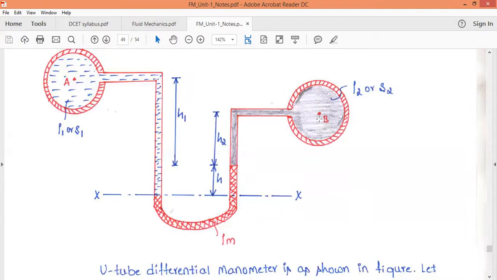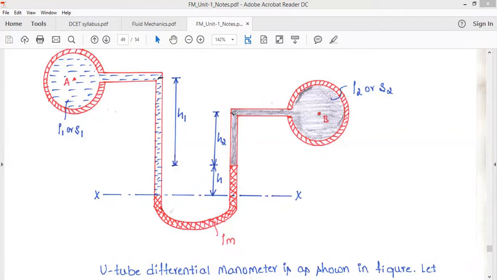Similarly, let's consider an x-axis. Pressure in the left limb above x must be equal to pressure in the right limb above x. At this point pressure is PA. We are moving in the downward direction, therefore pressure increases, plus rho 1 g (h1 plus h). Then on the right hand side, the pressure is PB.